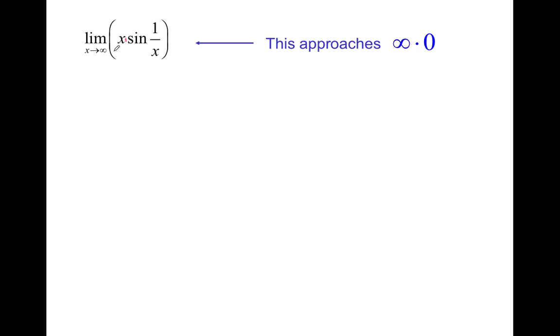So of course when I plug infinity into x, that's infinity. When I plug infinity in here, remember I'm approaching infinity, so this is 1 over bigger and bigger numbers. 1 over bigger and bigger numbers approaches 0. Sine of something close to 0 approaches what? 0. So that's how come I have 0 times infinity, infinity times 0.